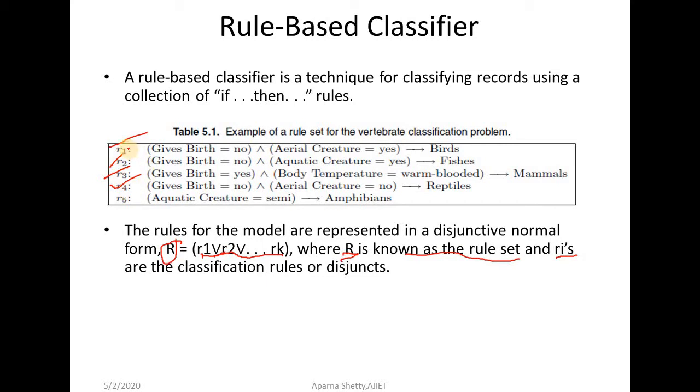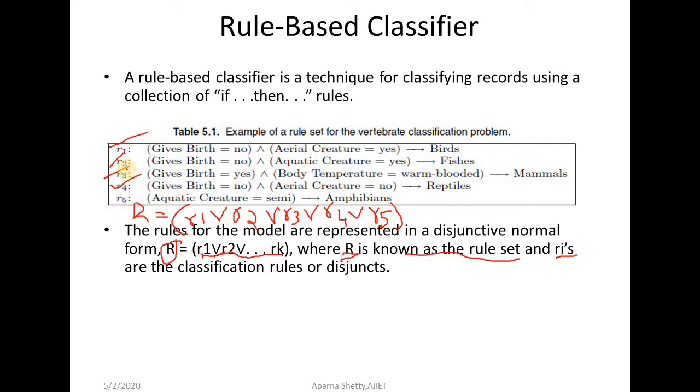Here these are the individual rules: R1, R2, R3, R4 and R5. So I can consider the rule set R equal to R1 or R2 or R3 or R4 or R5.